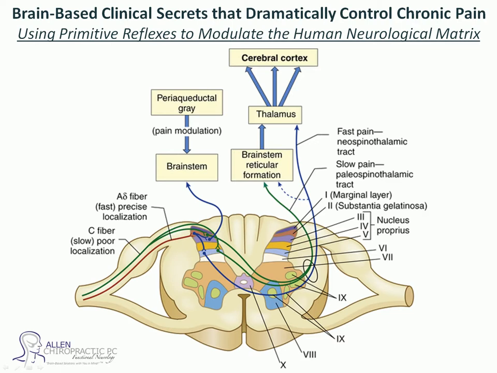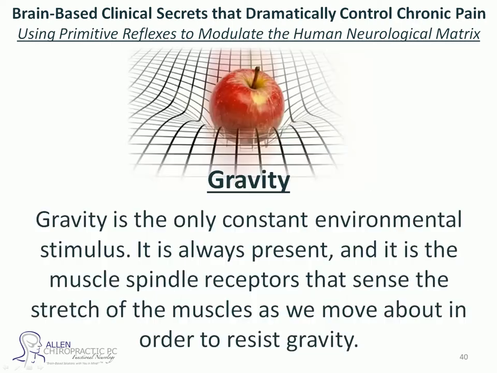Here's a schematic of the dorsal horn and the reception of C fibers and A delta fibers into the Rexed areas 2, 3, 4, and 5, the substantia gelatinosa and nucleus proprius, how those signals decussate to the contralateral side and rise to the brainstem reticular formation, to the thalamus, and ultimately the cerebral cortex, and then the outflow there through the periaqueductal gray causes modulation of the pain, especially in the brainstem, and pain is controlled. Well, we're going to talk about a little different idea there in the dorsal horn in just a minute.